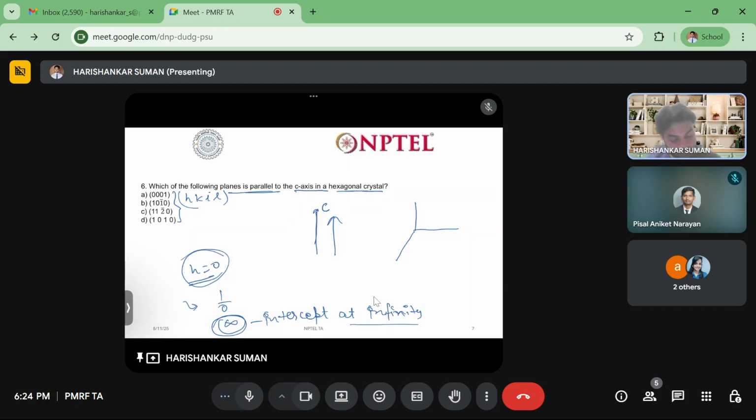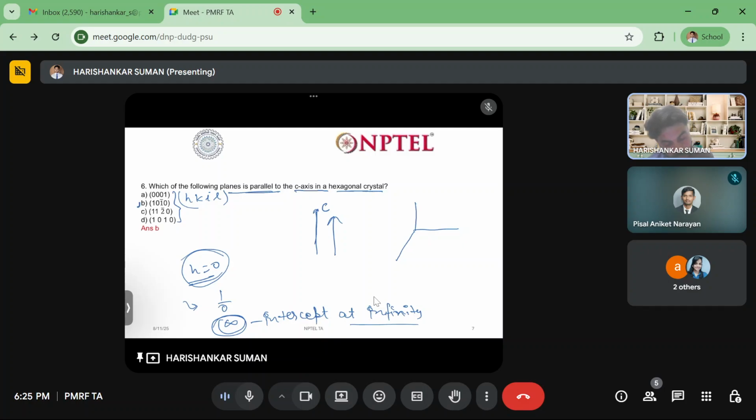So the C axis is represented by, let me discuss.